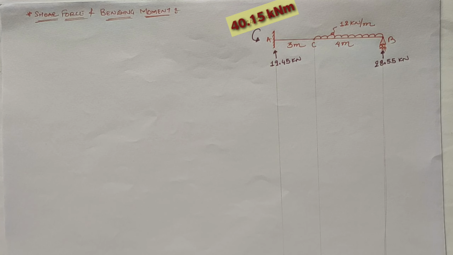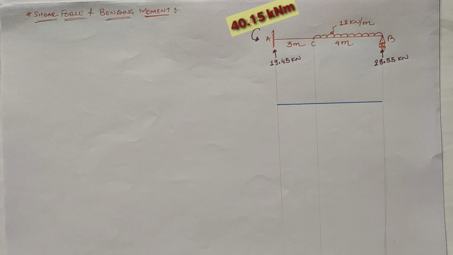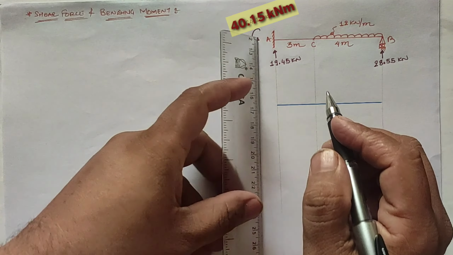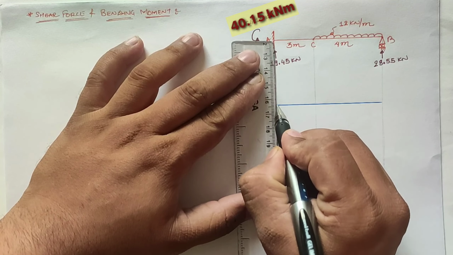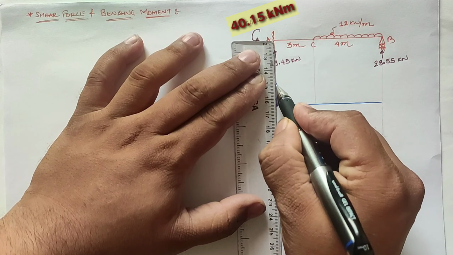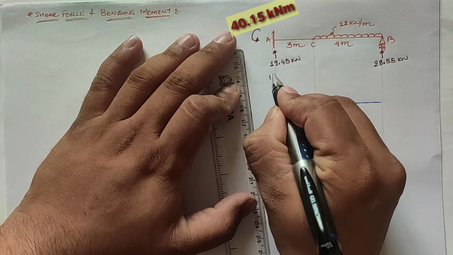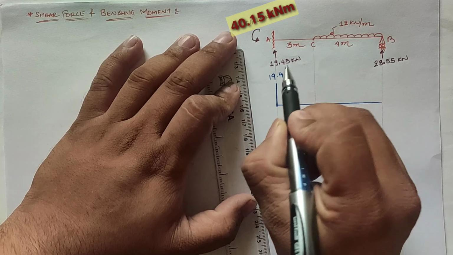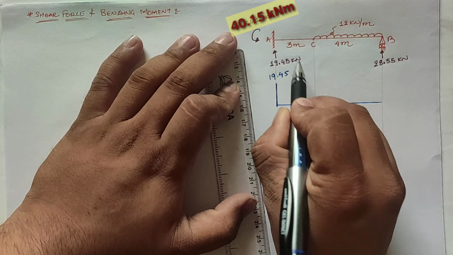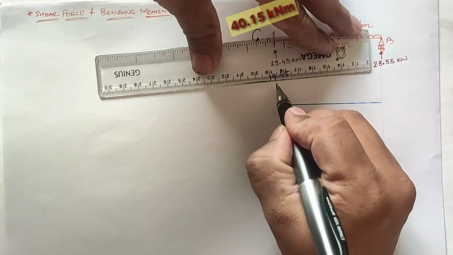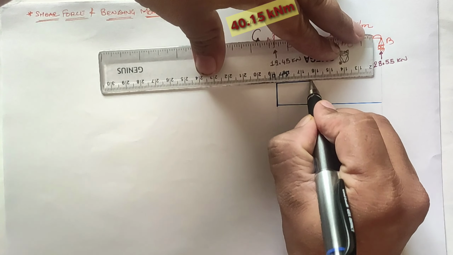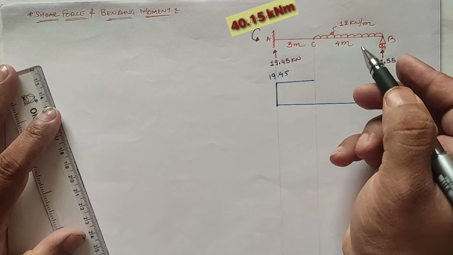Now for the given propped cantilever beam as shown in the figure, if we take the reference line, then at location A the shear force value is VA, which is equal to 19.45. Now from A to C there isn't any load, hence it is a horizontal straight line.